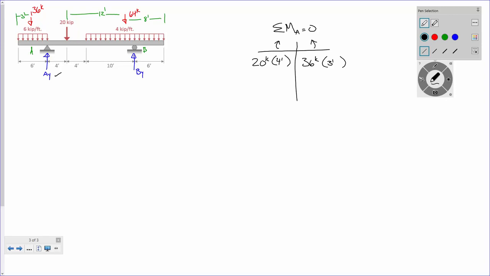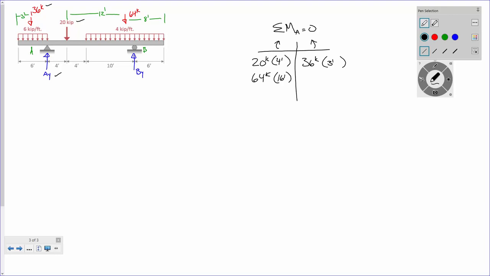We've got this 64 kips, on the left or the right? Left, 16 feet.